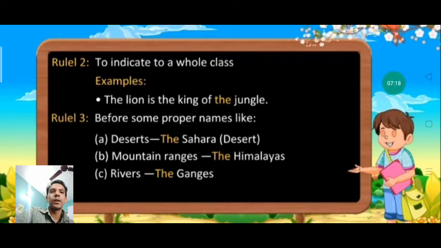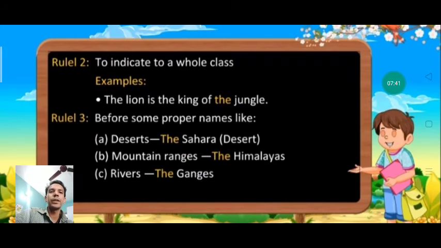Rule 2: to indicate a whole class. For example, the lion is the king of the jungle. Here you can see the is used 2 times in the sentence: the lion, the jungle. Whenever we are talking about a whole class, we have to use the.